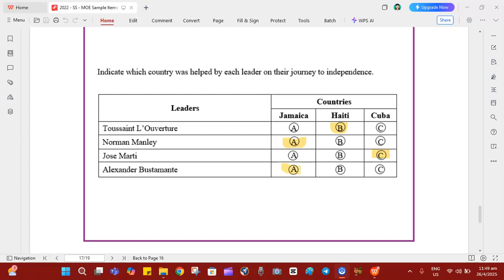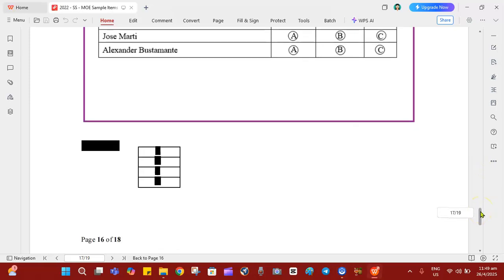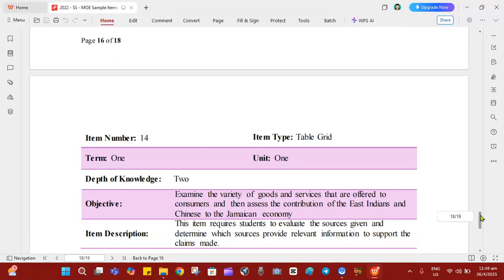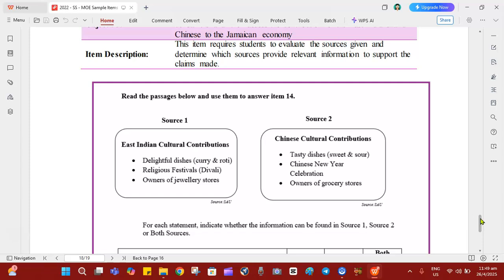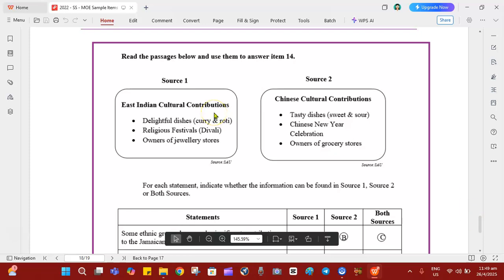So remember, for Jamaica's fight to independence, we had three of them: Bustamante, Norman Manley, and Marcus Garvey. For Haiti, we have Jean-Jacques Dessalines and Toussaint Louverture. For Cuba, we have José Martí and Carlos.